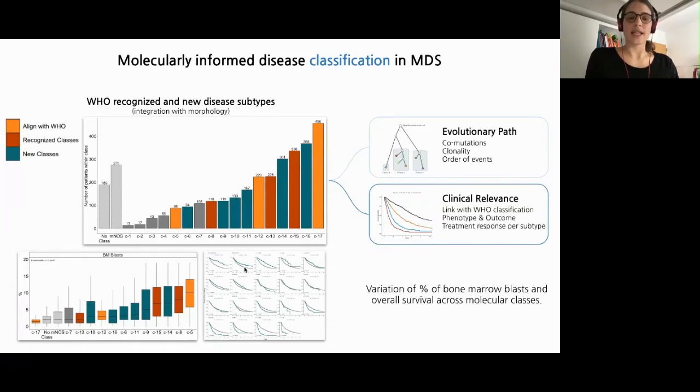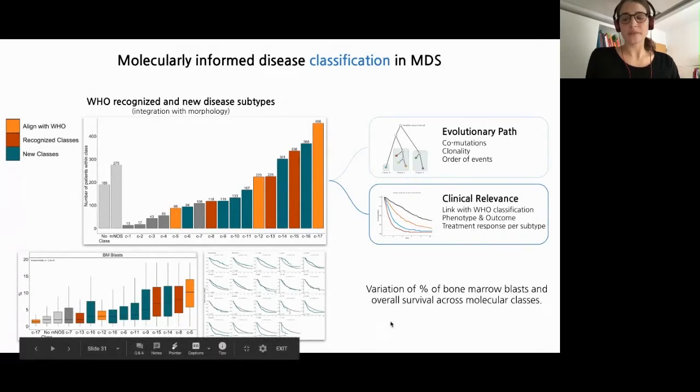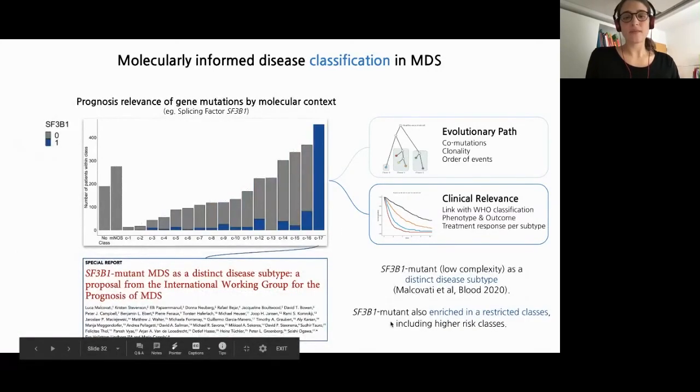And looking at the outcomes across those classes, they also very strongly stratify patients, from a median overall survival of more than 7 years to months.